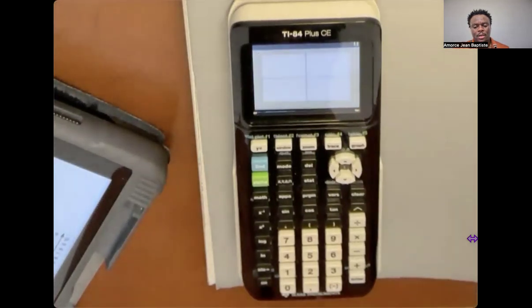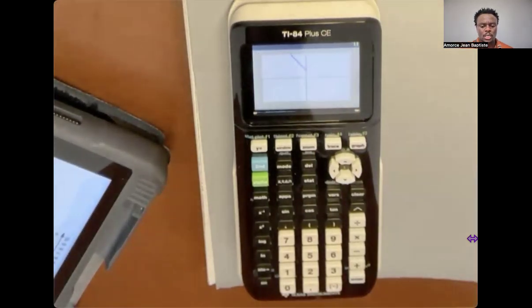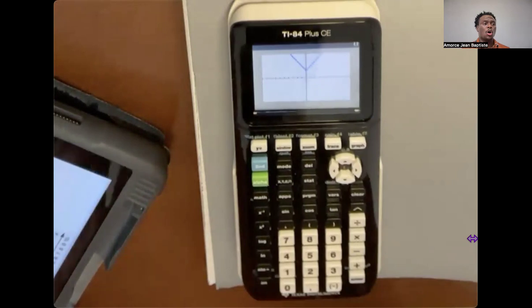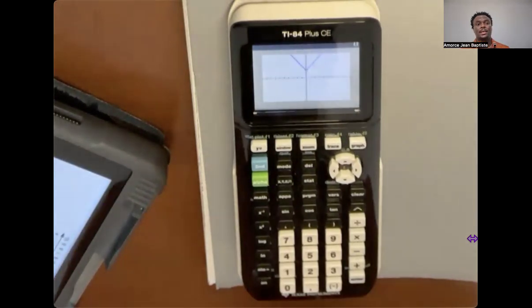So graph gives me the graph of the function to verify the graph that I saw in my notes. So basically that's how you verify, but I do want both sides, technology and algebra, when you're doing your work in this class.